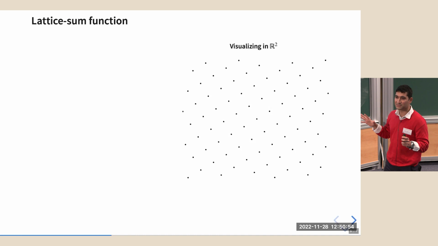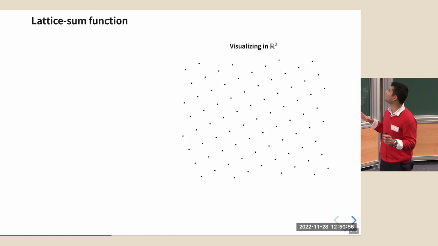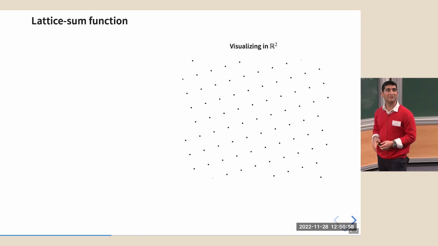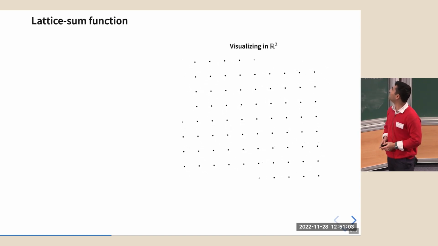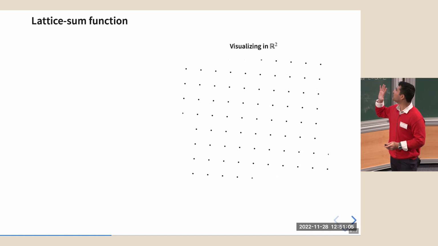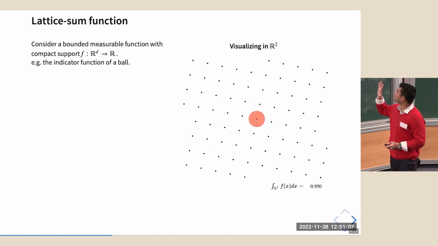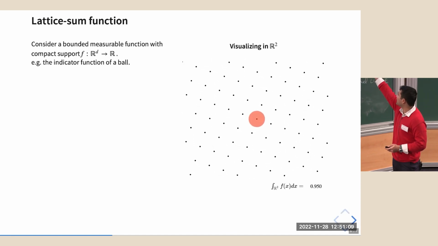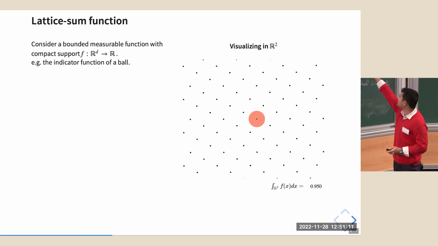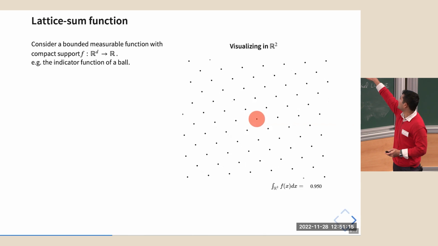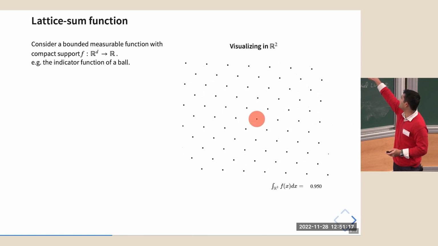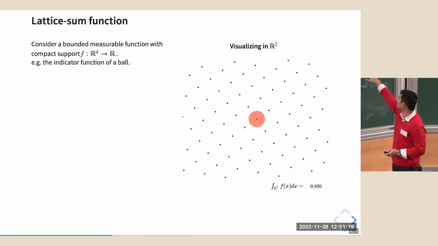So here I'm going to show you an experiment, and okay, we have enough time to get into this, and I know we're all hungry for lunch, but it will be fun. So consider this red ball, and let f be the indicator function of this ball. The volume of the ball is given below.